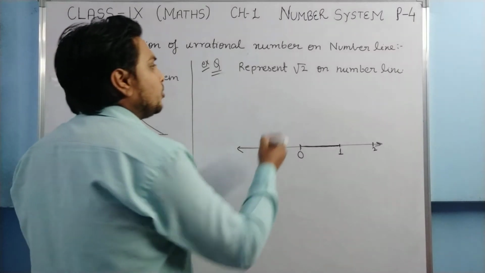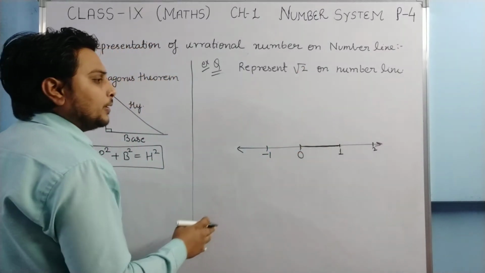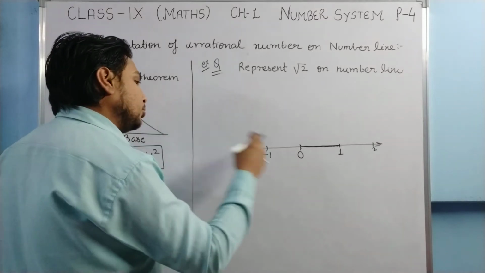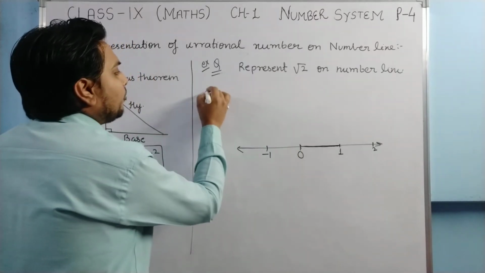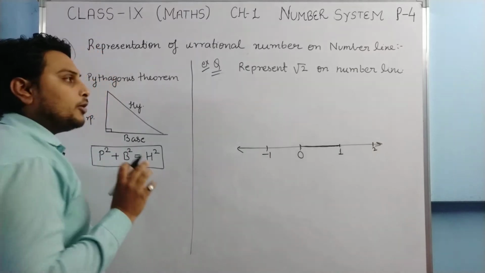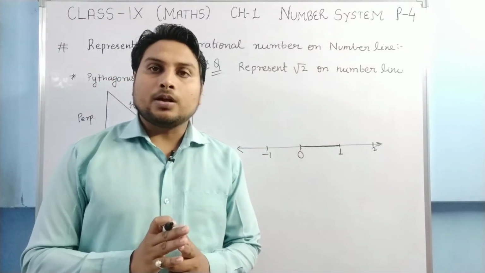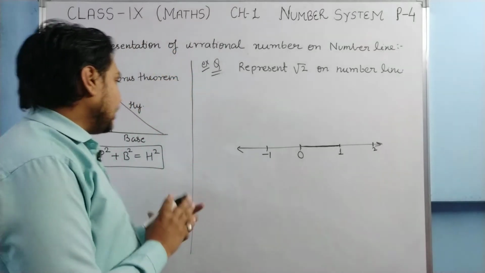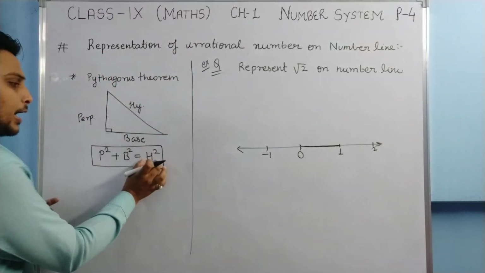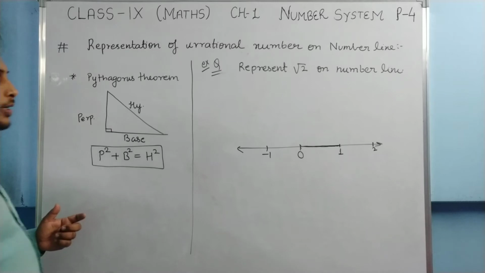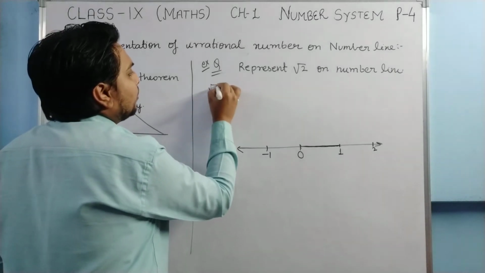So what I am going to do here, see how we can get under root 2. Whatever number is to be shown on the number line, we will take that number as hypotenuse. This means we have to select two numbers.